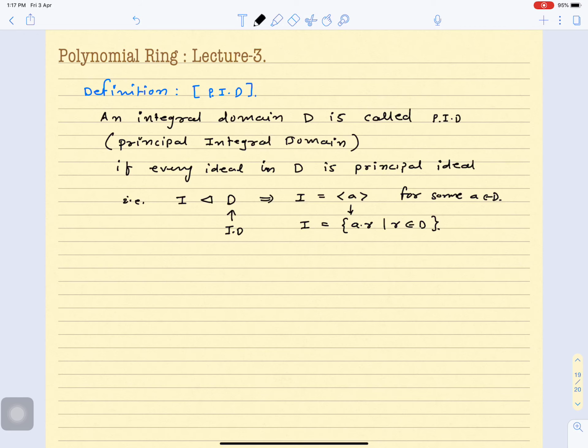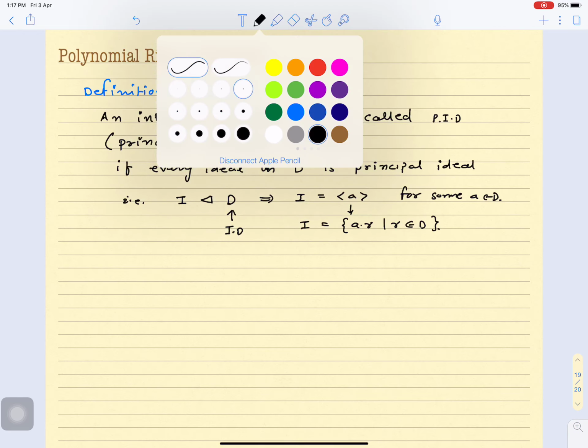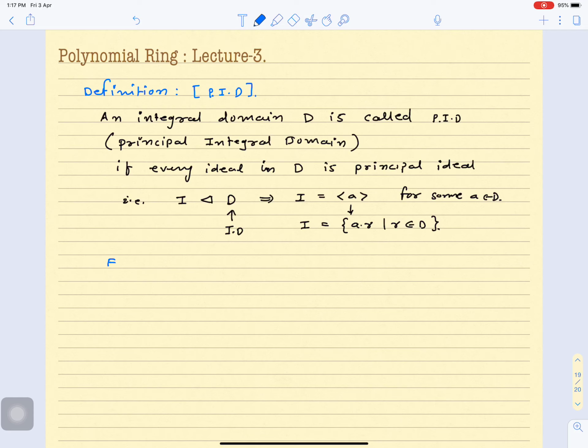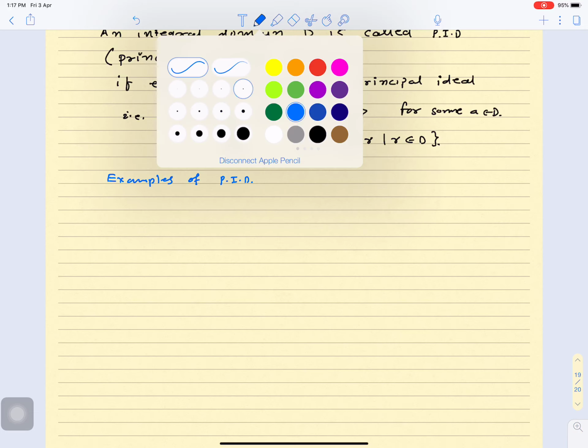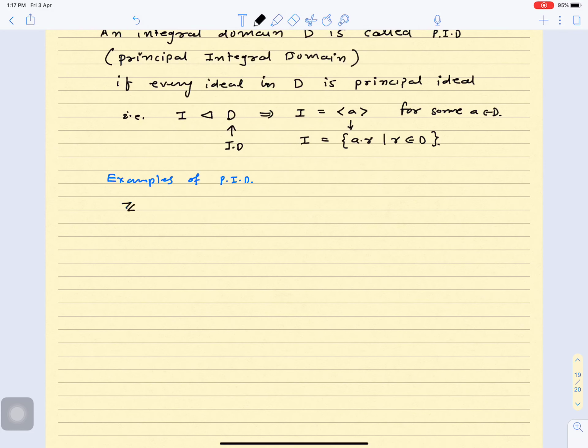So let us see some examples of principal integral domain. Say you consider Z with plus and dot, then it is an integral domain.